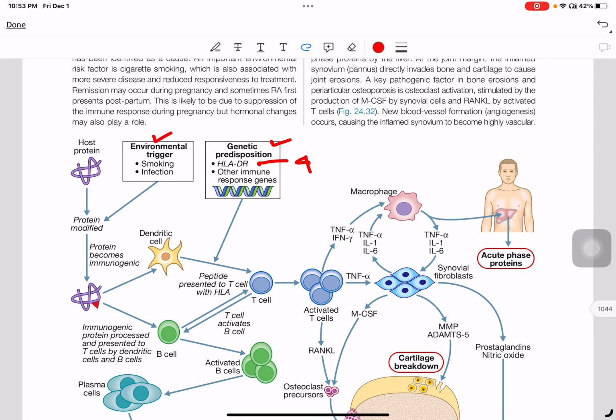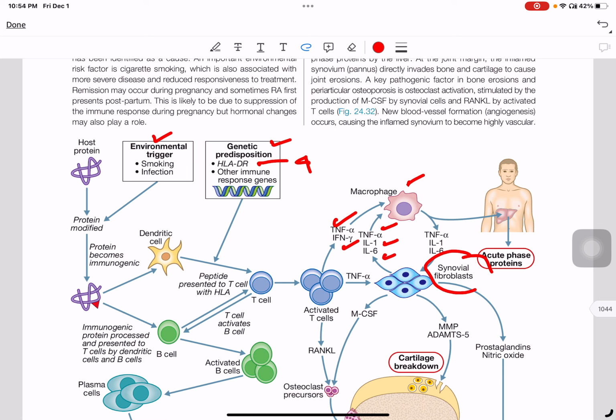They trigger dendritic cells, which activate T cells. The activated T cell secretes tumor necrosis factor alpha and interferon gamma. They stimulate macrophages, and macrophages also stimulate the synovial membrane and synovial fibroblasts. They secrete cytokines like interleukin 1, interleukin 6, and tumor necrosis factor alpha.